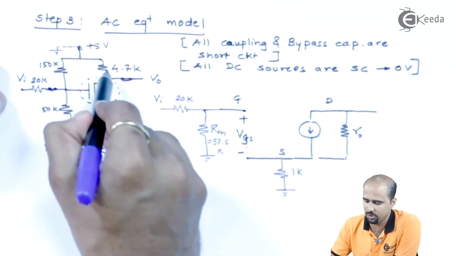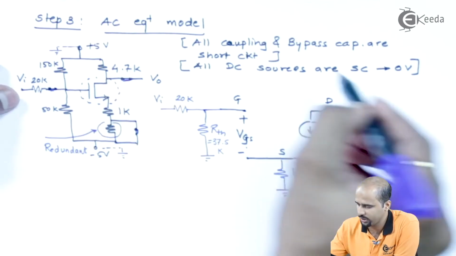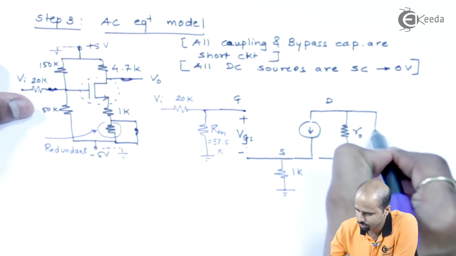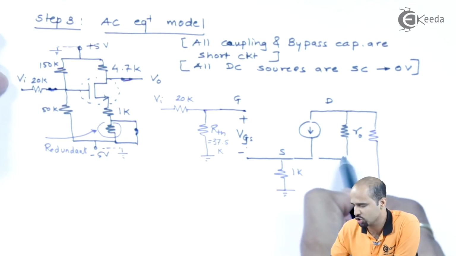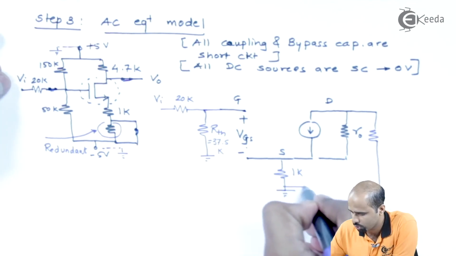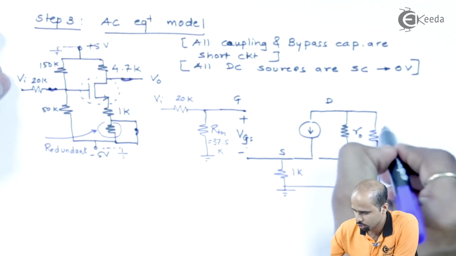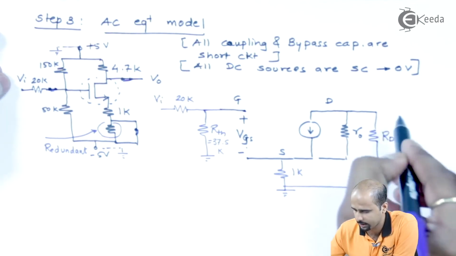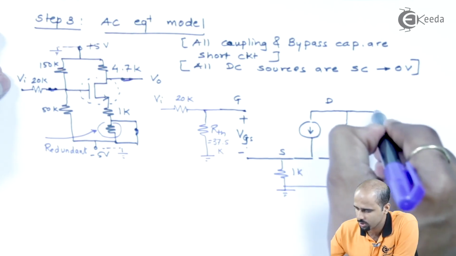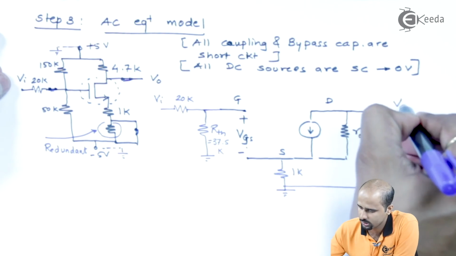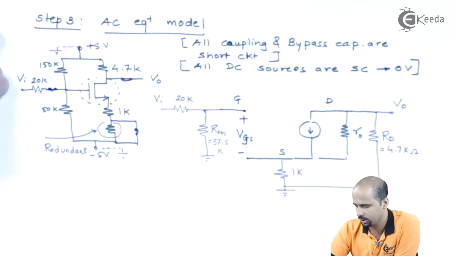At the drain side, we will be having 4.7K as usual. But here I don't have to connect directly to source, I have to connect to ground. Okay, so this is your value RD, which is nothing but 4.7 kilo ohm. Okay, this is output voltage VO, right?